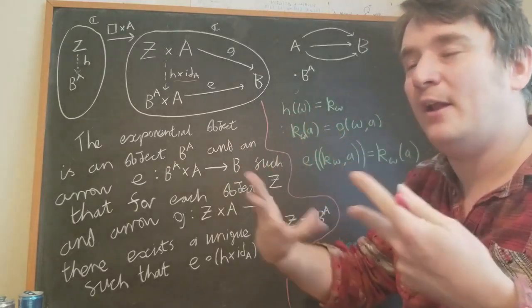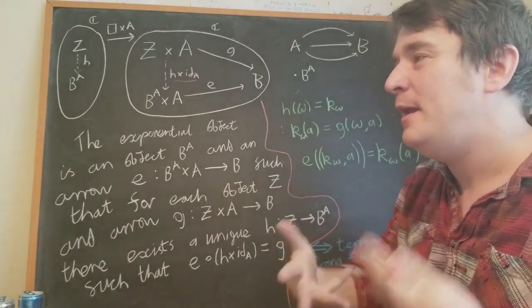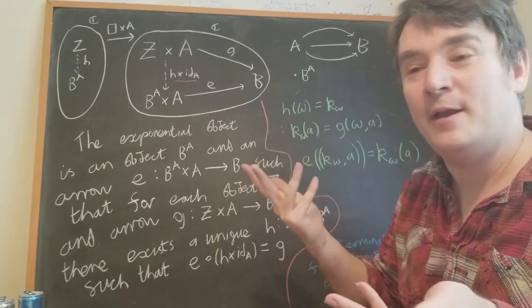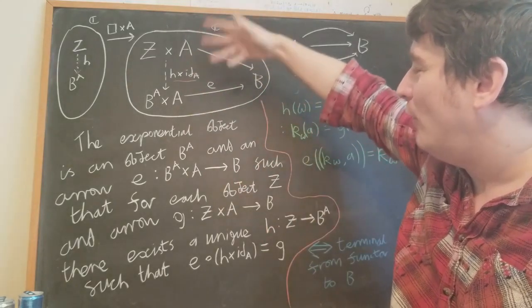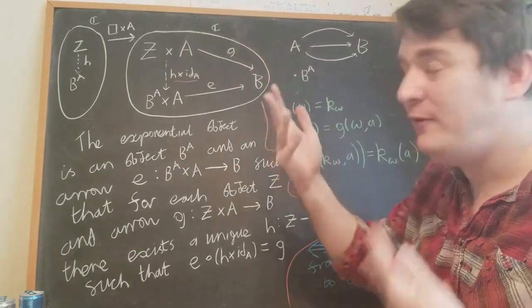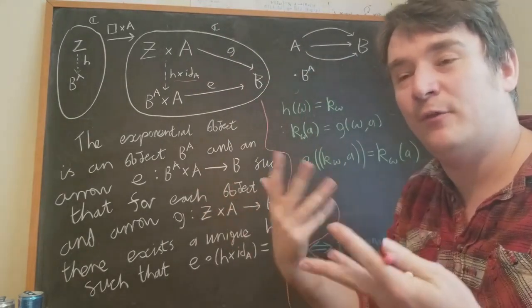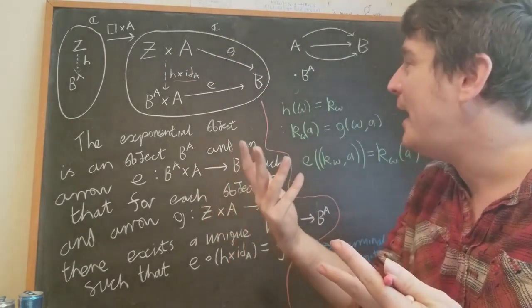If you're working in the category Set, or if you're into functional programming, say, there's a much easier way to understand what this picture's showing, and basically it's illustrating something called currying, okay?